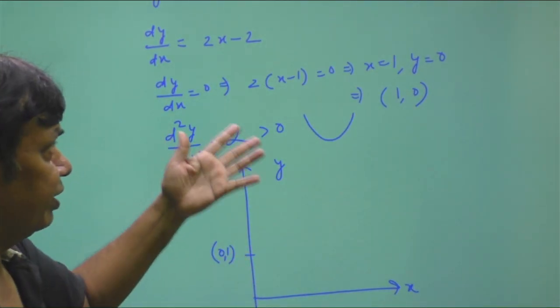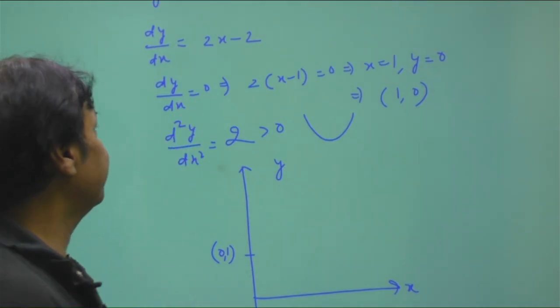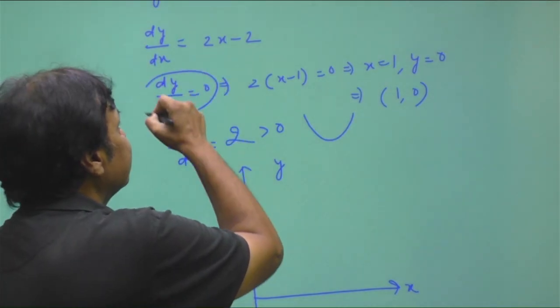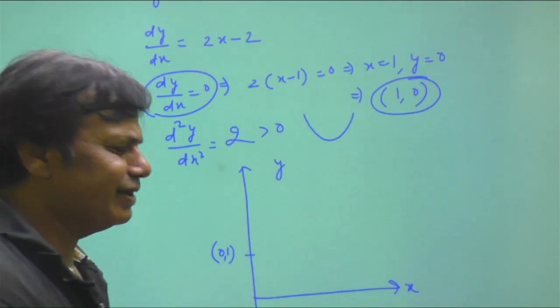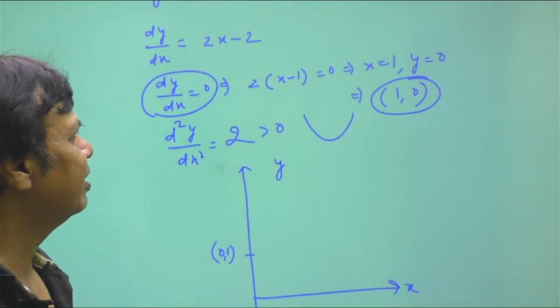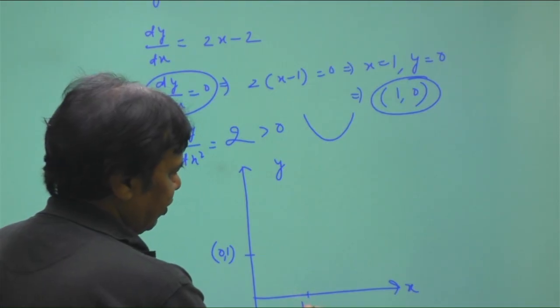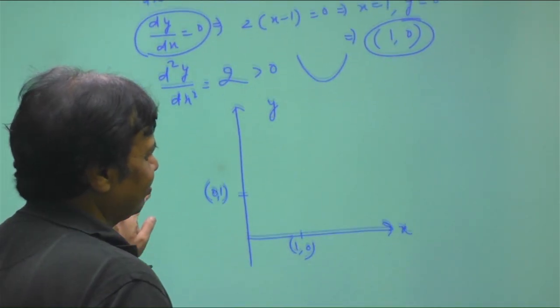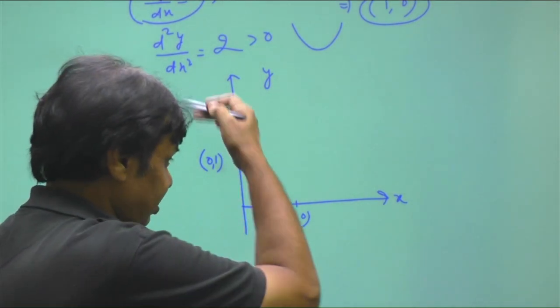And then you have a point where dy by dx is equal to 0. That means the curve has a horizontal tangent to the x-axis. That is 1, 0, and it is something like here, 1, 0. And the concavity of the curve is like this.